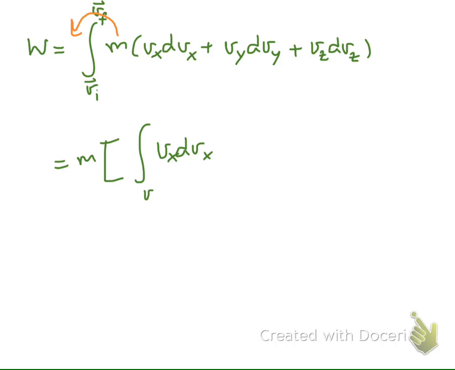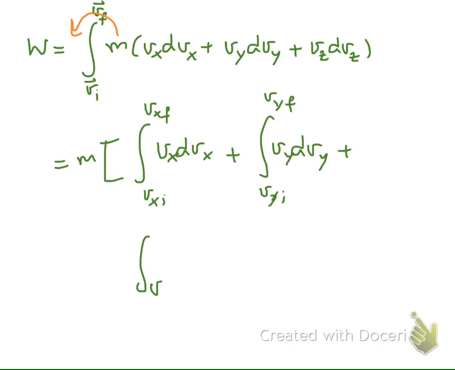The limit will be vxi to vxf, because the variable of our integration is vx in this term, plus the integral of vy dvy from vyi to vyf, plus the integral of vc dvc from vci to vcf.